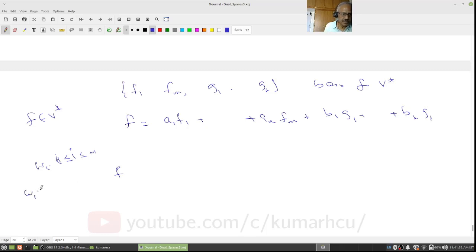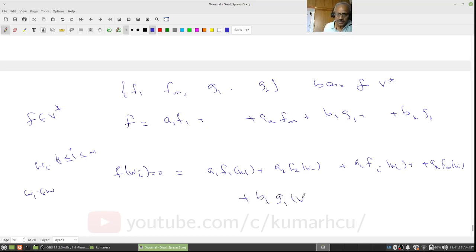Since Wi belongs to W, F of Wi must be 0. But what is F of Wi? It is A1 F1 of Wi plus A2 F2 of Wi plus Ai Fi of Wi plus Am Fm of Wi plus B1 G1 of Wi plus BK GK of Wi.